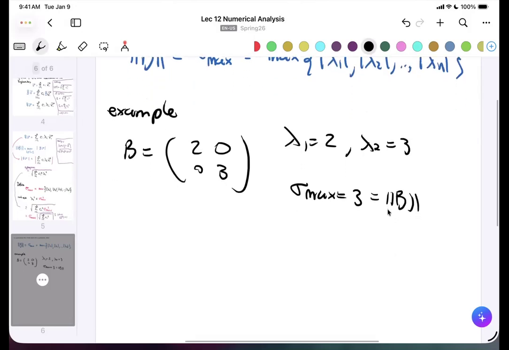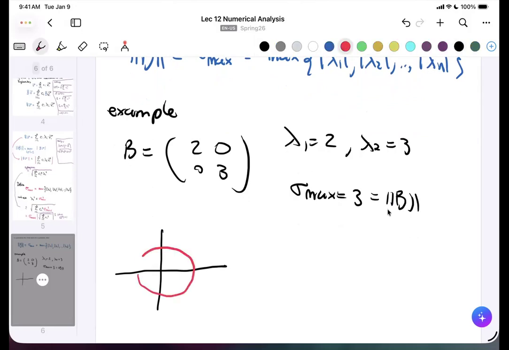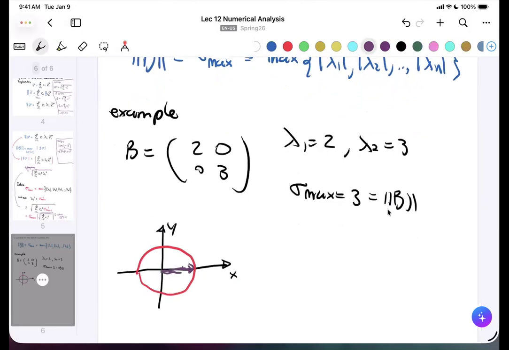So what I'm saying is that 3, the matrix norm, would be the largest stretching factor. One way to think about this is, if you have the unit circle on the xy plane, the unit circle is determined by the vectors e1 and e2.